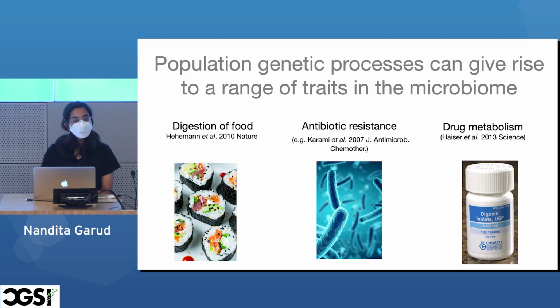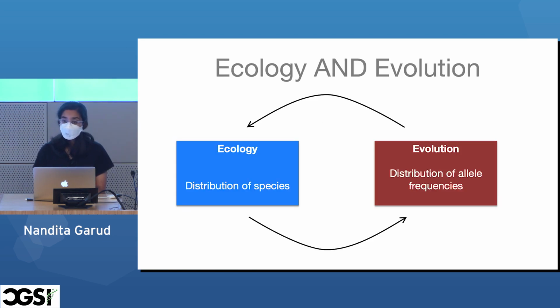And yet we're spending a lot of time studying species fluctuations, ignoring a whole swath of diversity within. To really understand how that diversity arises, we need to understand the population genetic processes that give rise to those mutations. Now, what's really special about studying this in the microbiome is not just its relevance to health, but also the fact that all of these population genetic forces are happening in the context of this really complex ecosystem.